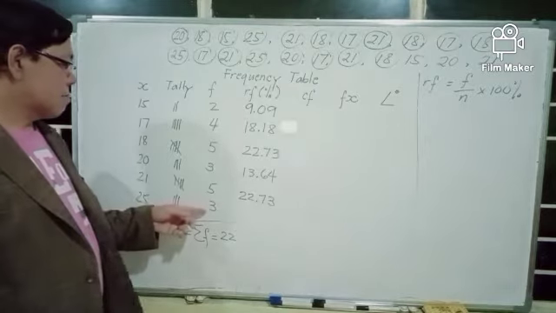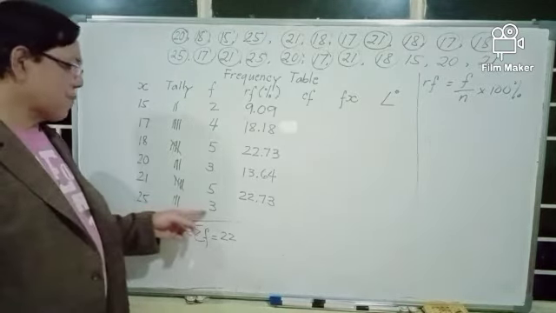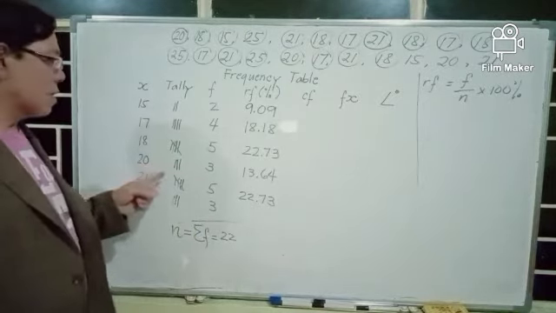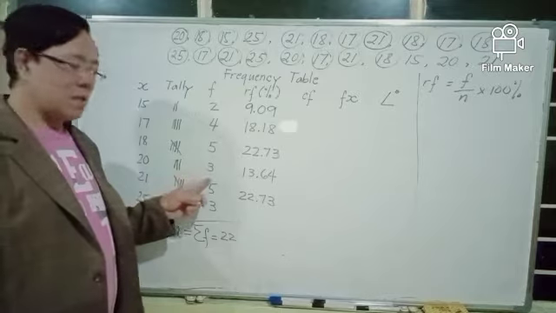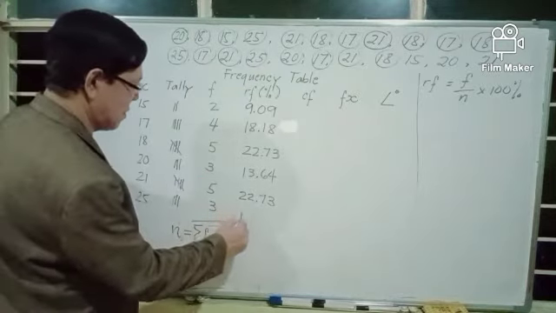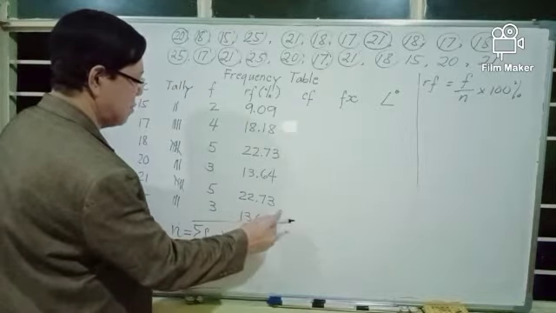And the relative frequency of 25, with a frequency of 3, is the same as the relative frequency of 20 with the same frequency of 3, 13.64%.